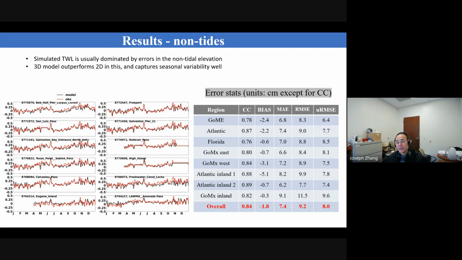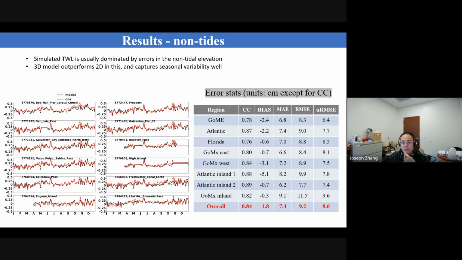So what you see here is the long-period component. Our experience is that the error for total water level really mostly comes from the long-period component. The tidal component is important, but the long-period component usually dominates the root mean square errors. So this is where the 3D models really shine, right? You can see this 1 year hindcast simulation we did.